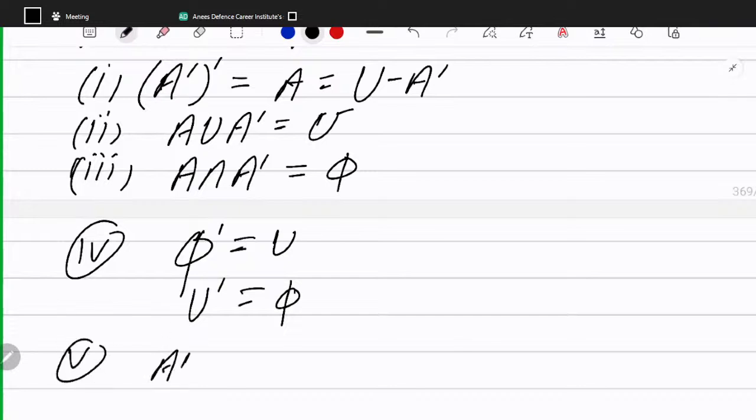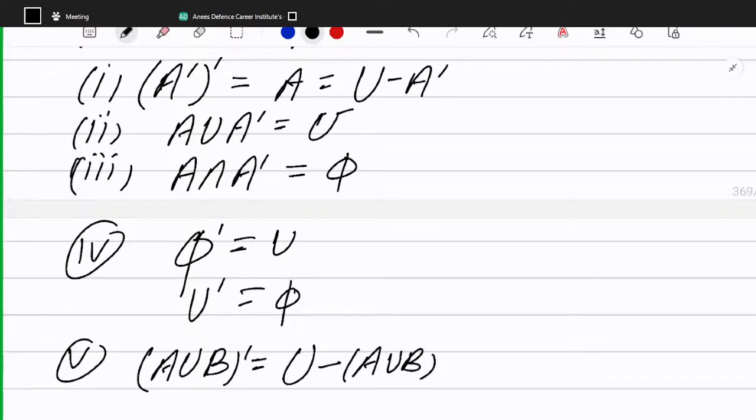And fifth one is A union B whole dash is equal to U minus A union B. These are the properties related to complement.